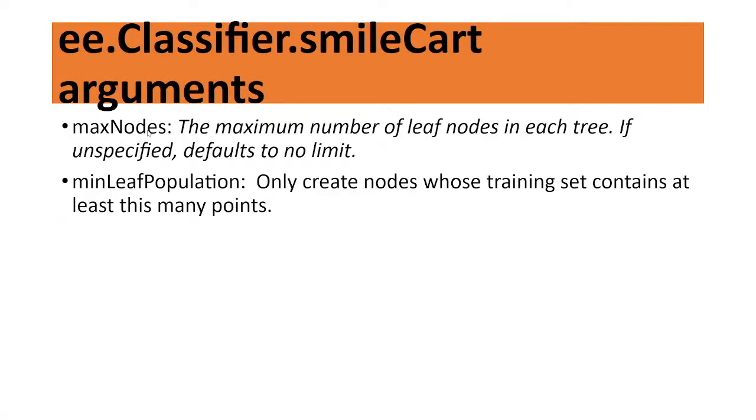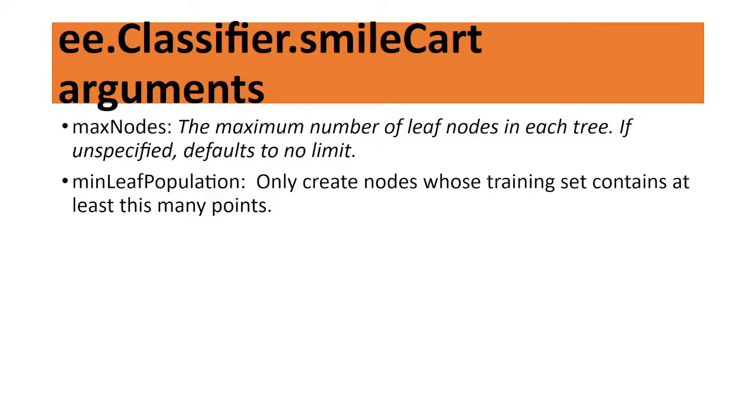Max nodes is the maximum number of leaf nodes in each tree, and if unspecified, it defaults to no limit. So max nodes is the number of leaf nodes, and the leaf node is the final output. And min leaf population only creates a node if its training set contains at least this many points.